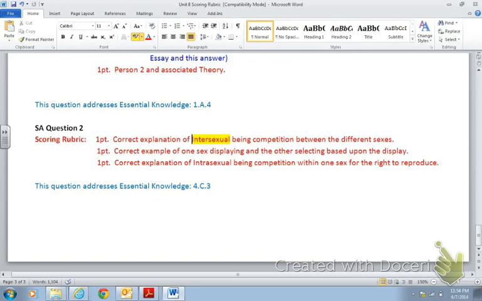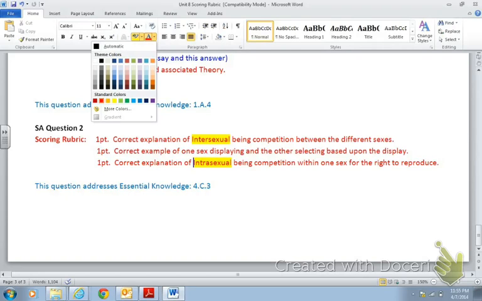So for intersexual, I would have said this is where the same species, probably male, acts or sings or shows their peacock feathers for attention to attract the female. Okay, INTRA, sexual, is going to be fighting, aggression, fighting over women. Okay, so I'm about to tell you a way to remember this, because we obviously did not do it right the first time.